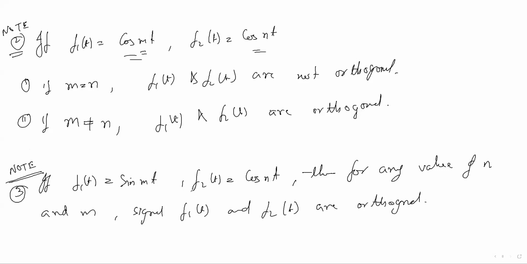These are very important, often they ask here. One is sine, another is cos, and for any value of m or n, the two signals are orthogonal. So what we have learned is that cos signal and sine signal are orthogonal to each other. A new concept: sine theta and cos theta are orthogonal signals.